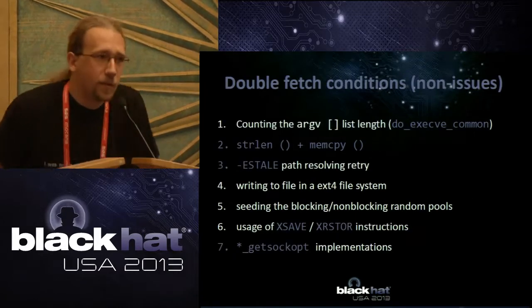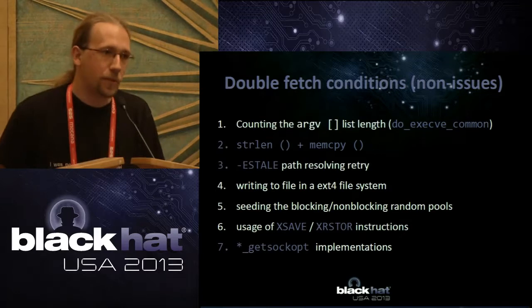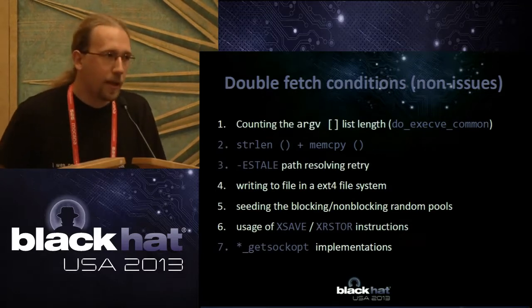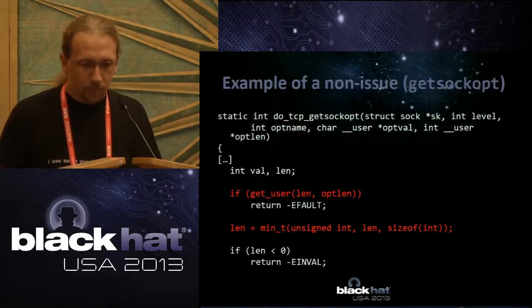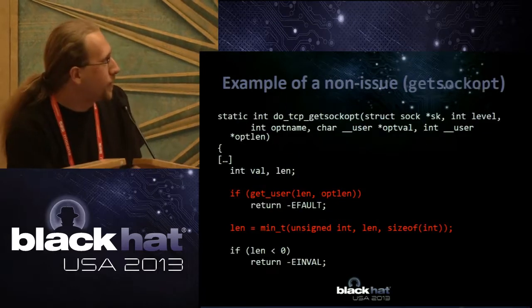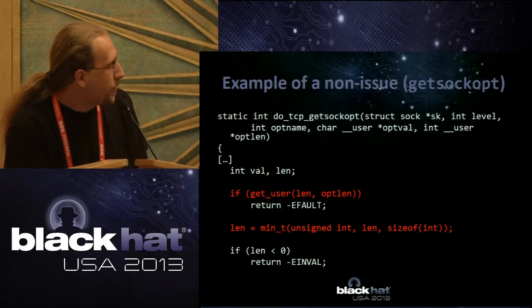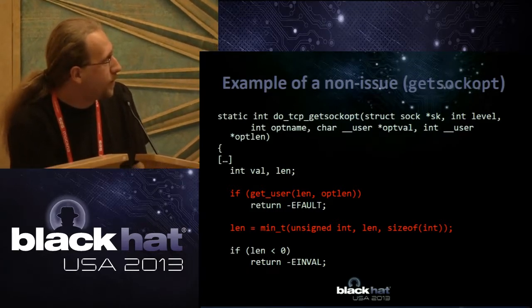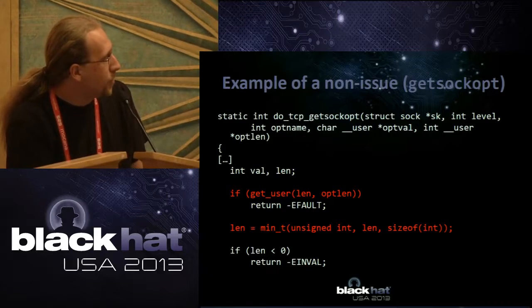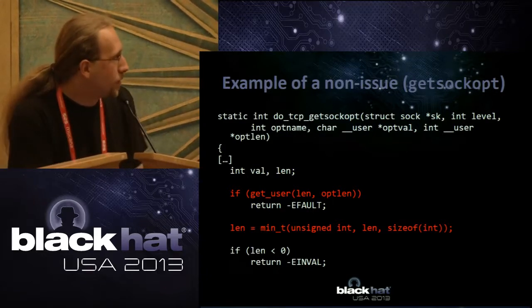So that doesn't mean we didn't detect any double fetch conditions. We did, actually a couple of them, but there are no exploitable ones. I'm going to talk about one in do_tcp_getsockopt. There's a get_user for the length. It gets an optlen from this pointer, gets the length, the integer, into this integer variable.